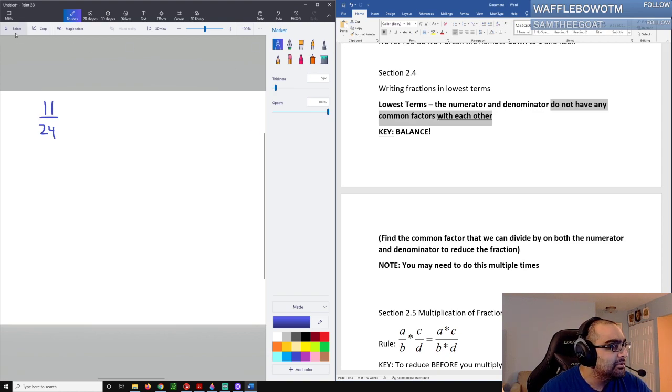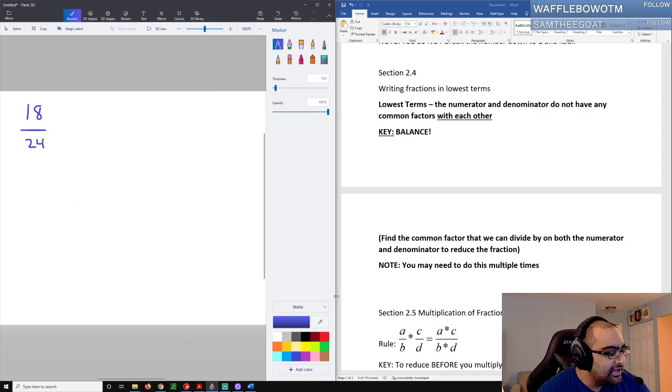Okay? So let's look at an example and talk about how we can find what the reduced fraction is going to be. Let's start off with 18 over 24.